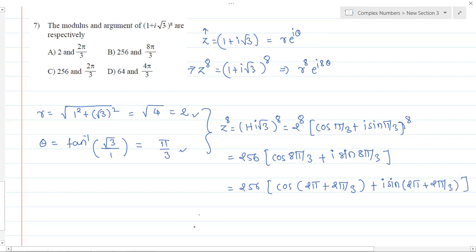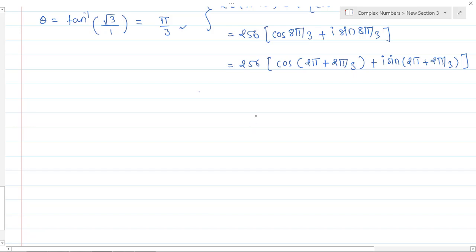This equals 256 into cos of 2 pi plus 2 pi by 3, which is cos of 2 pi by 3 plus i sin of 2 pi by 3 only. You will understand this once we complete the trigonometric functions.